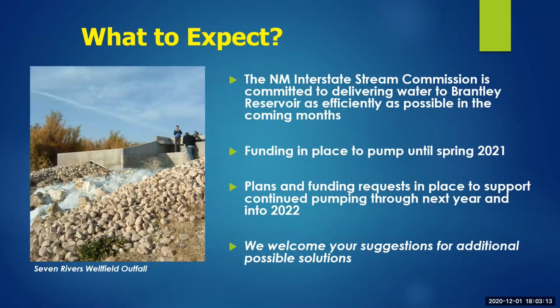So what to expect? The Interstate Stream Commission is committed to delivering as much water to Brantley as we possibly can over the coming months. We also have funding in place to pump through the spring, and plans and funding requests in place to pump into 2022. We're hoping for the best. I've heard Aaron say this, hoping for the best and planning for the worst.